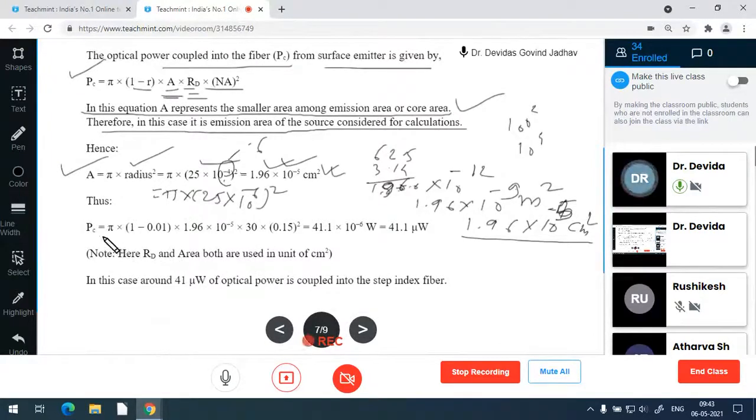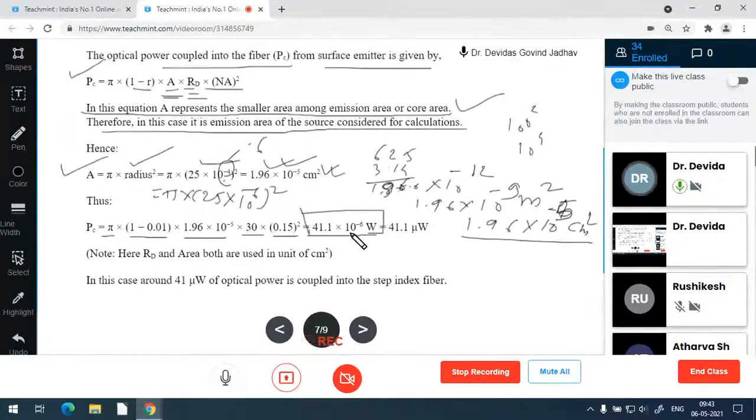So substitute pi, r is 0.01, 1 minus 0.01, and area is 1.96 into 10 raised to minus 5 centimeter square, and radiance is 30 watt per steradian per centimeter square, and NA is 0.15 square. All this calculates to 41.1 into 10 raised to minus 6 watt.